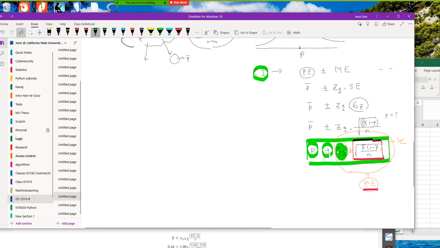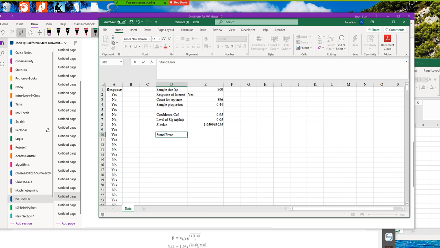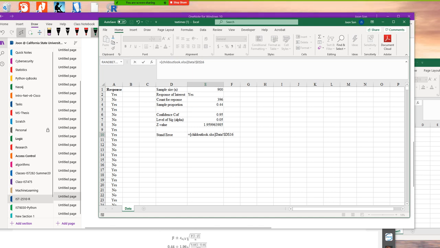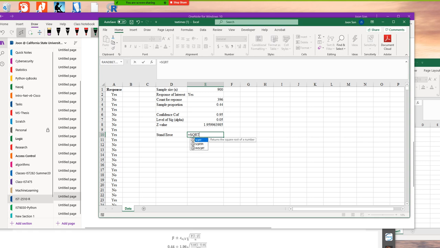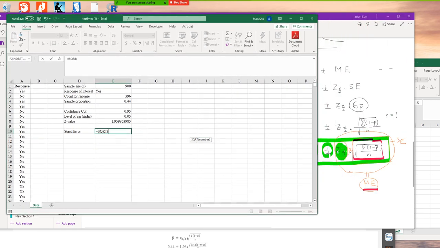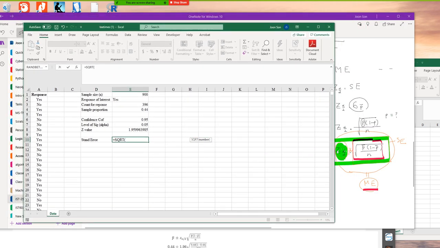For the standard error, it is the square root of p bar multiplied by 1 minus p bar, divided by n.